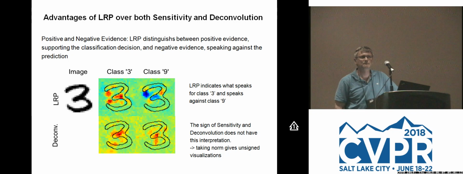Okay. I don't get how that blue can be taken from that image, because you're asking if it is a 9, right? Yes. And then you're inverting the value. No, we're not inverting anything. We are using the standard LRP rule, in this case epsilon, I think, and then we are getting these different colors.